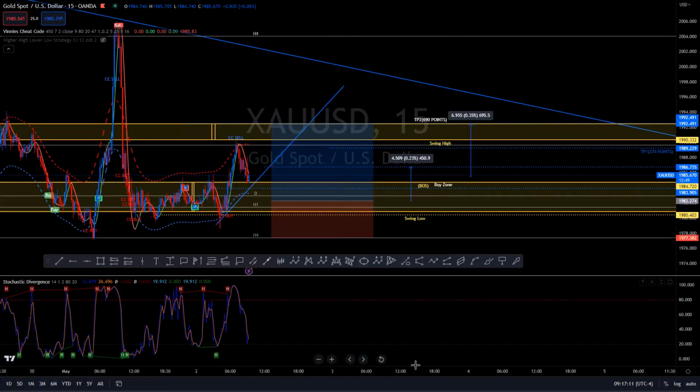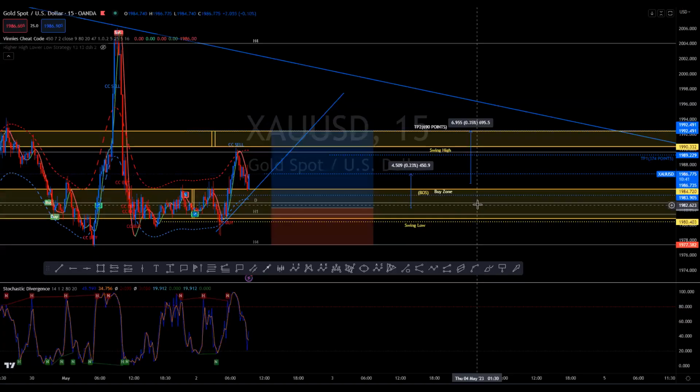Let me pause and support the alerts, and I'll be back. It looks like gold is buying up already. Probably go ahead and jump in there.